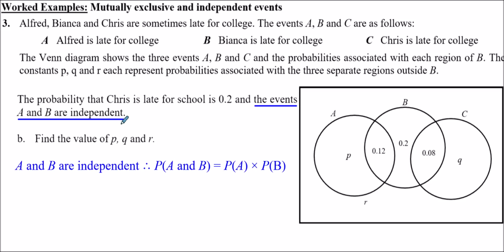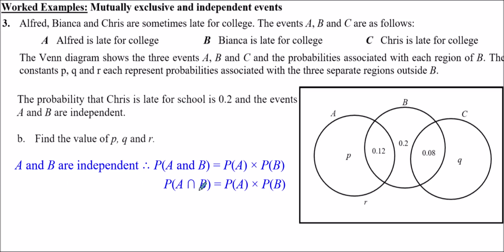So A and B are independent, therefore what we can deduce is that the probability of A and B is the probability of A multiplied by the probability of B. In terms of the regions on the Venn diagram and the intersection, it's the same as saying this. The probability of an event being in the intersection is the same as the probability of A multiplied by the probability of B.